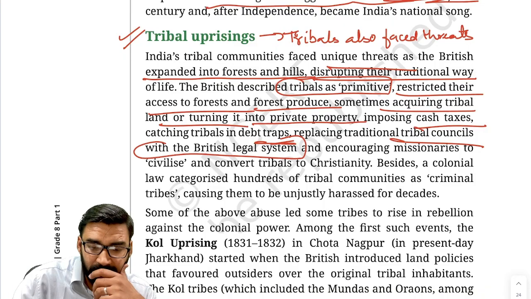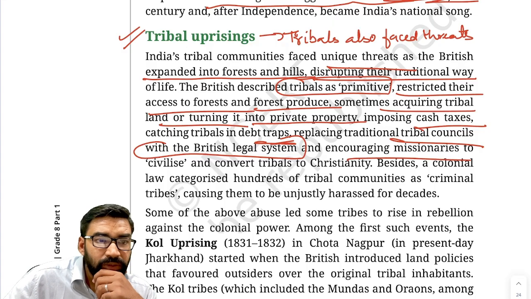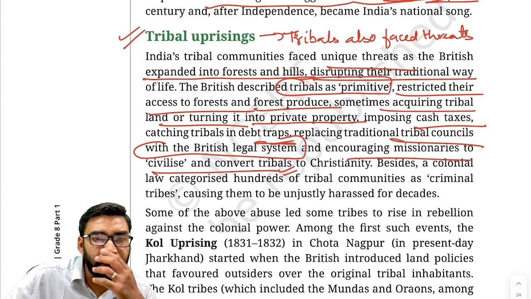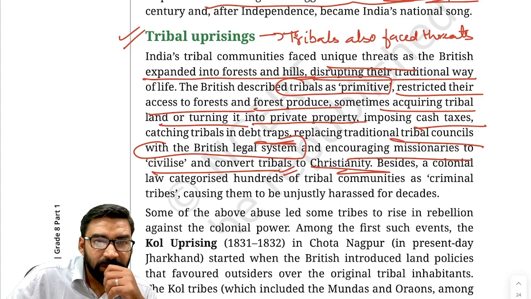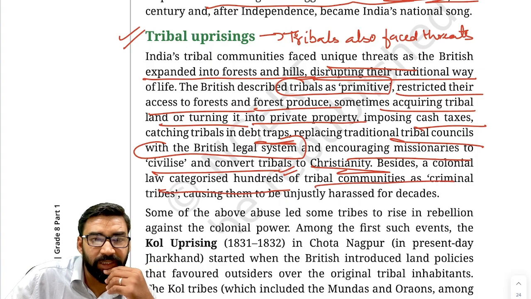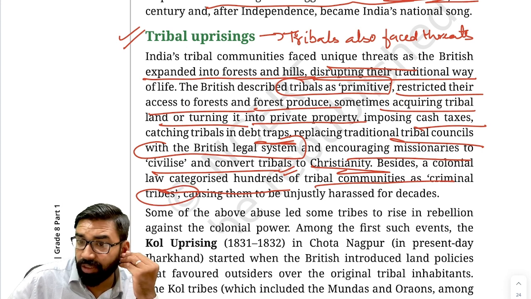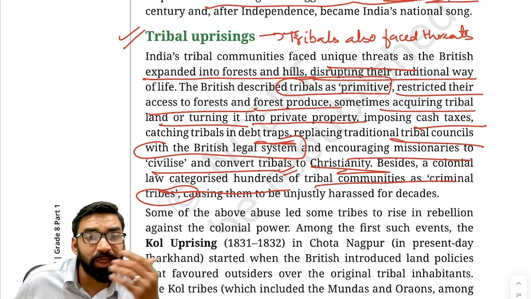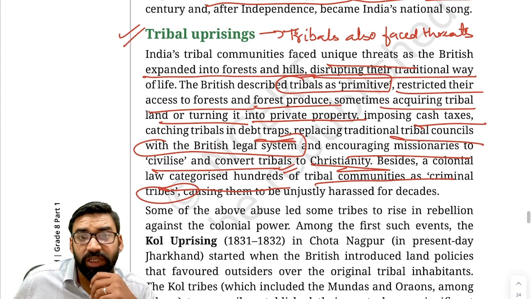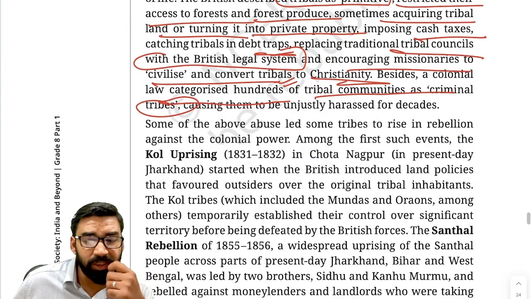Gradually, they also encouraged Christian missionaries to civilize them and convert tribals to Christianity. Besides this, a colonial law categorized hundreds of tribal communities as criminal tribes. What did colonial law call hundreds of tribes? Criminal tribes. So Britishers started harassing them.